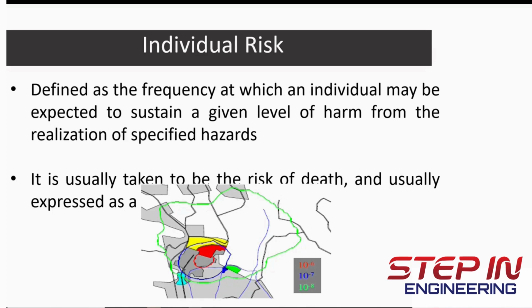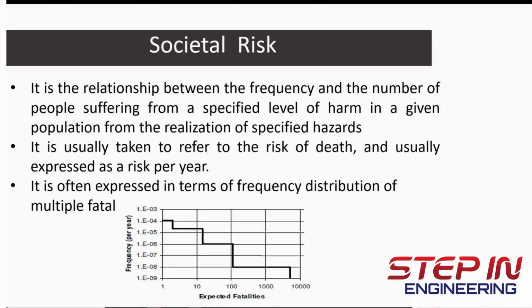Individual risk means, for a particular period of time, the frequency at which an individual may be exposed to a particular hazard, harm or consequence. Got it? Only one individual. So presenting risk for an individual person is called individual risk. If you are presenting a risk for a group of people, then it is called societal risk.